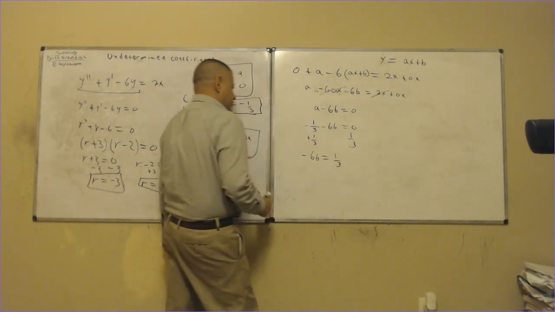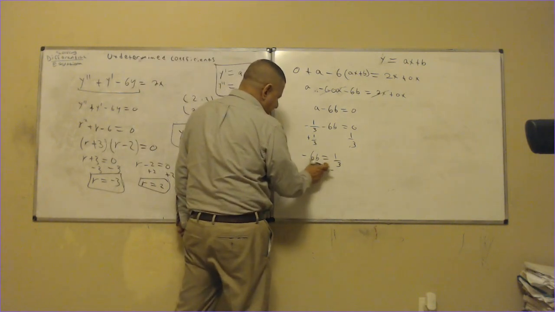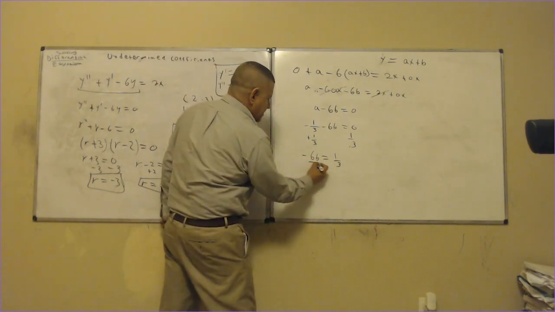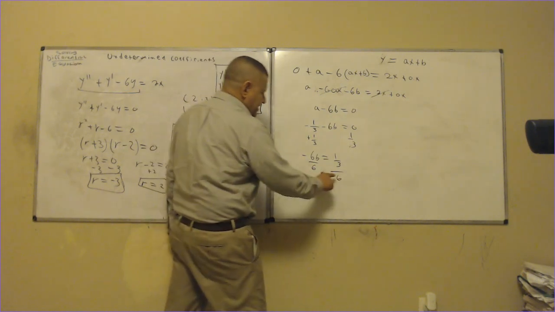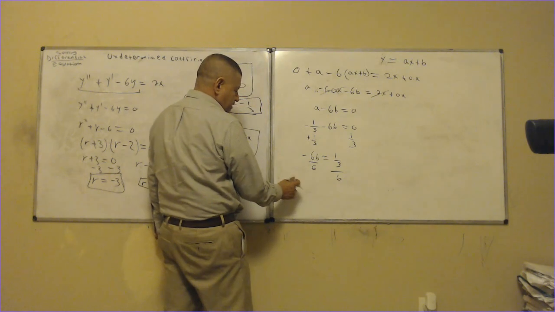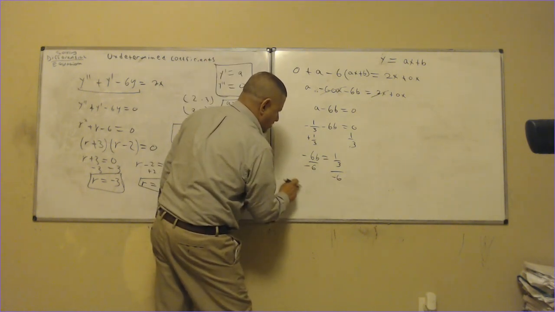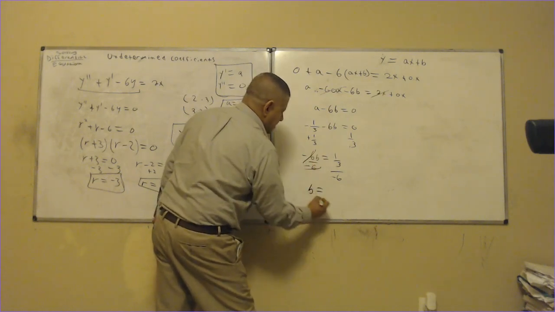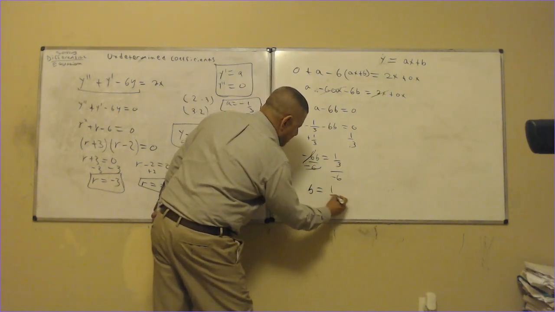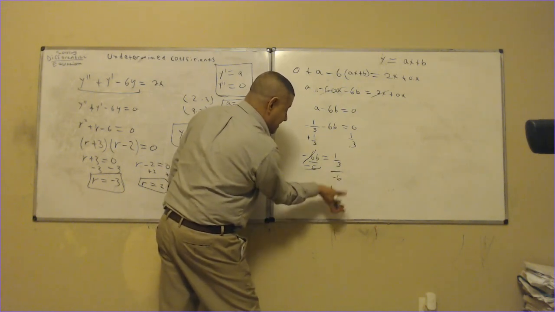Now, what I'm going to do is divide by 6, divide by negative 6 in one shot, right? Why not? So b is equal to 1/3.